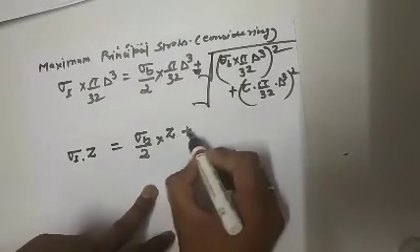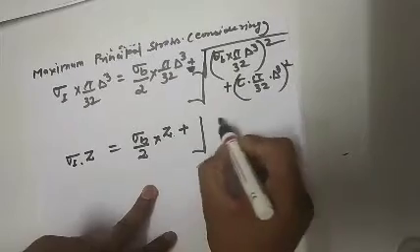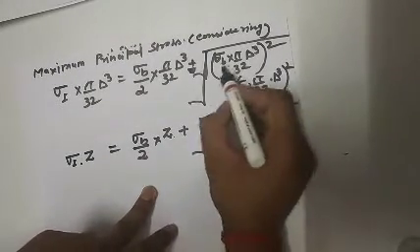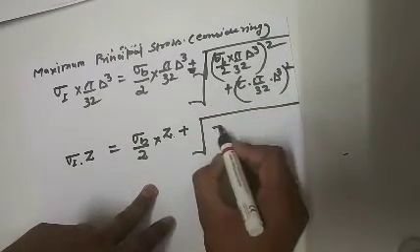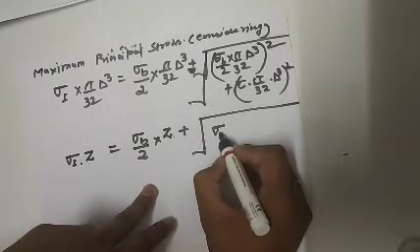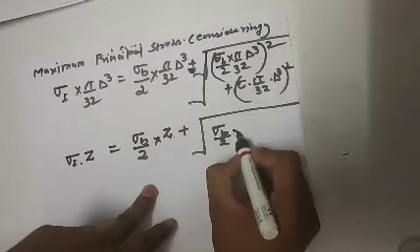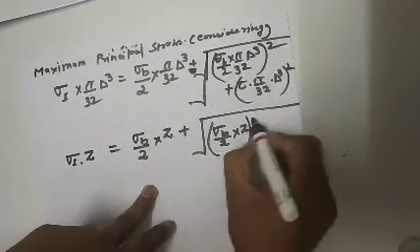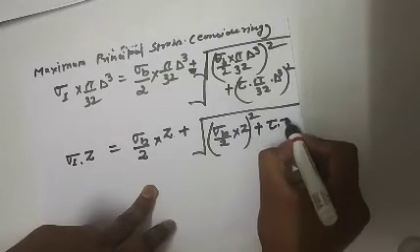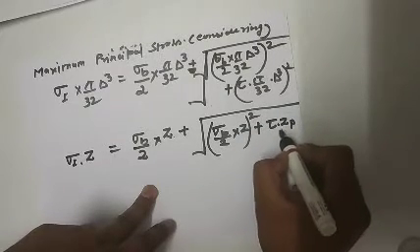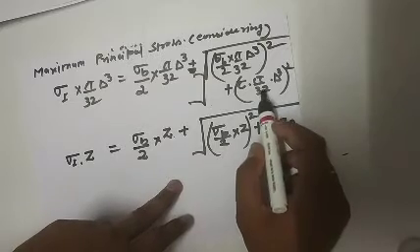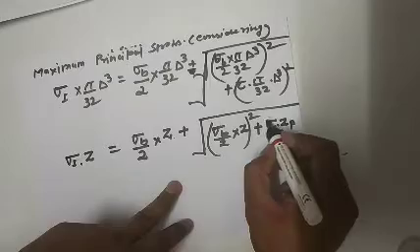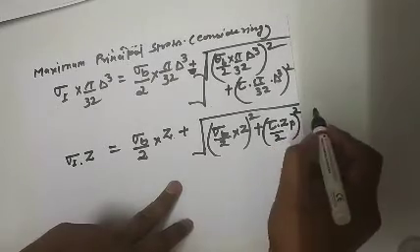And plus sigma b by 2 into Z whole square plus tau into... this will be equal to Zp by 2, right? Here, because pi by 16 into d cube is Zp, that is polar modulus, right?